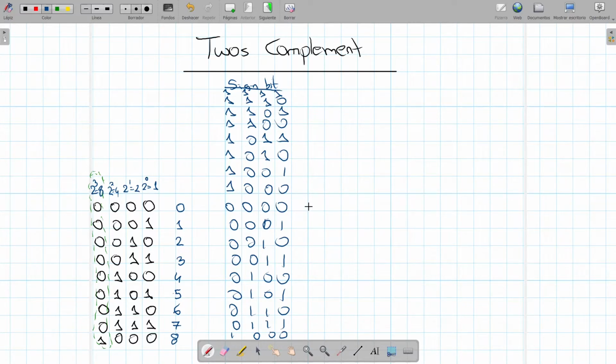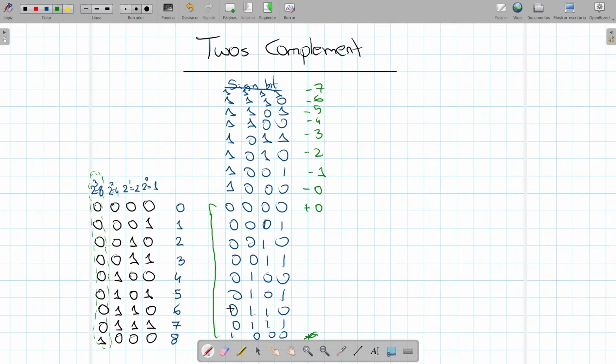So what would we have here? This would be the same numbers as the positive ones. But here we would have a strange thing, because this would be a minus 0. So we have a plus 0 and a minus 0, which is strange. Minus 1, minus 2, minus 3, minus 4, minus 5, minus 6, minus 7.